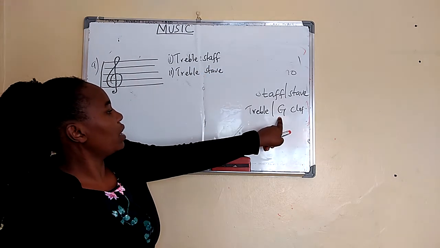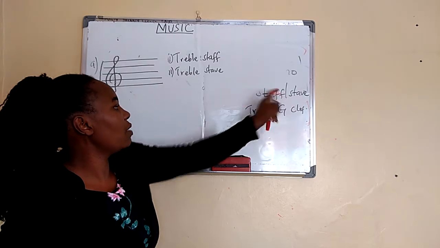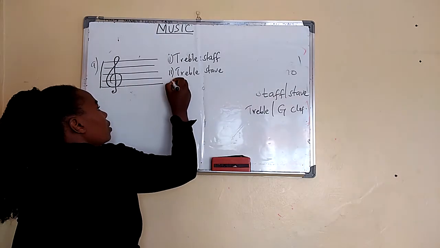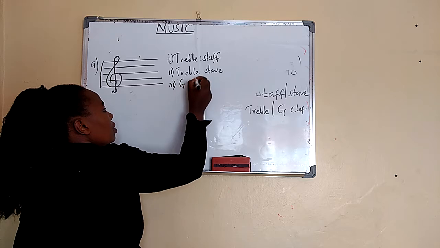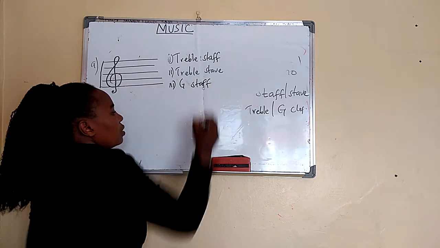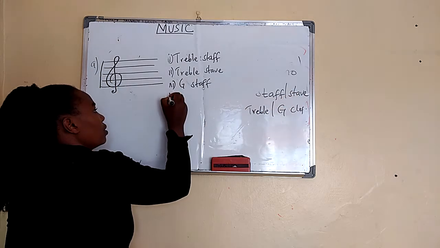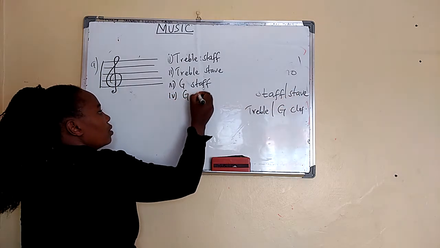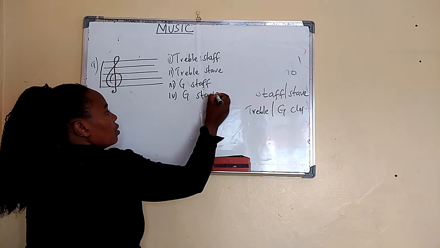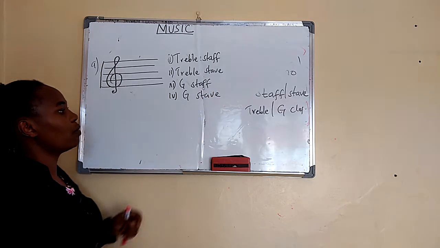The third name will be G staff, or G stave. So we have our 4 names.